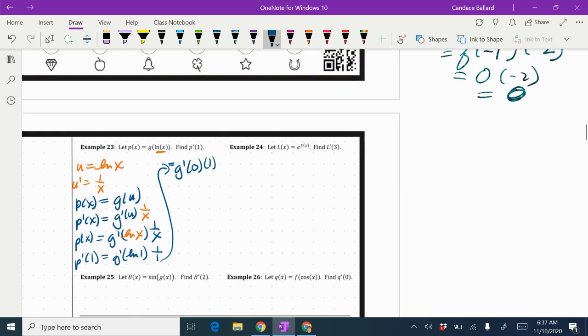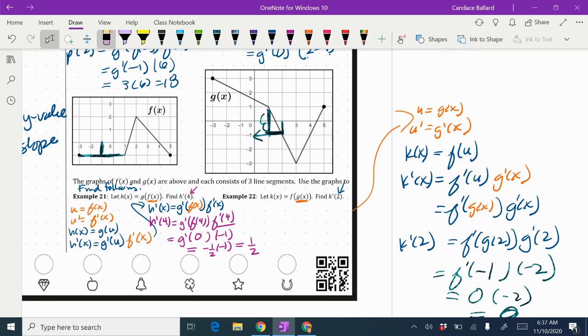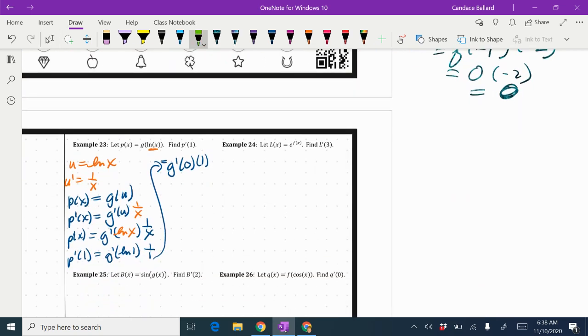So I'm reading the slope at 0 on the g graph. I'm going to 0, and I'm reading the slope, which means I am down 1 over 2. I'm looking at the wrong problem. We're good. So it equals negative 1/2.